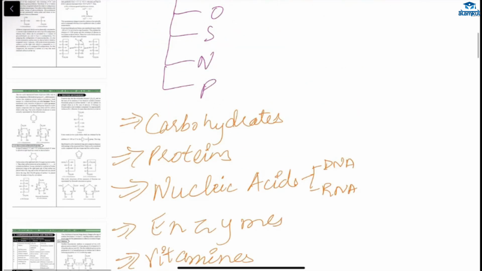Carbohydrates include monosaccharides, disaccharides, and polysaccharides. Monosaccharides are glucose and fructose; oligosaccharides include maltose and lactose; and polysaccharides are large chains of monosaccharides like starch or cellulose. One by one we are going to take carbohydrates, proteins, nucleic acids, enzymes, vitamins, etc.